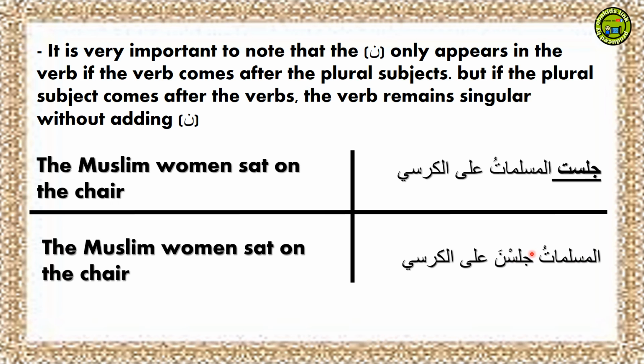Al-muslimatu jalasna ala al-kursiyyi. The Muslim women sat on the chair. So in the first sentence, the reason why jalasat doesn't have noon is because it comes before the feminine plural noun. And in the last sentence, the reason why jalasna has noon is because it comes after the feminine plural noun.